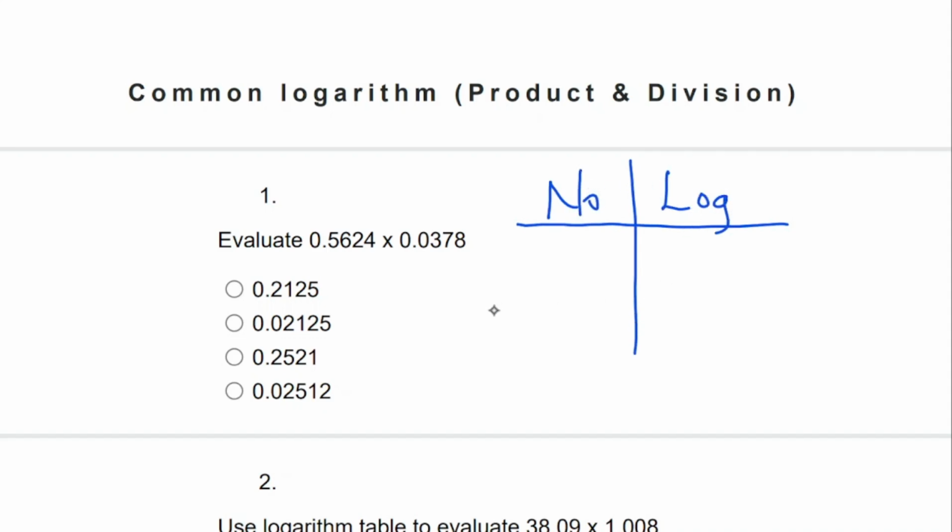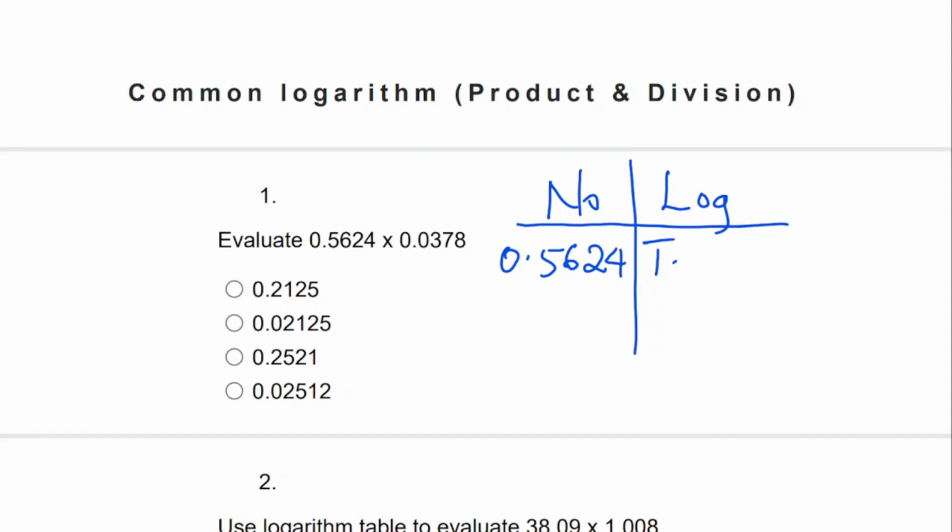The first number we have here is 0.5624, and the characteristic here is going to be bar 1, because we have 10 here. Then we look for the log under the logarithm of numbers.